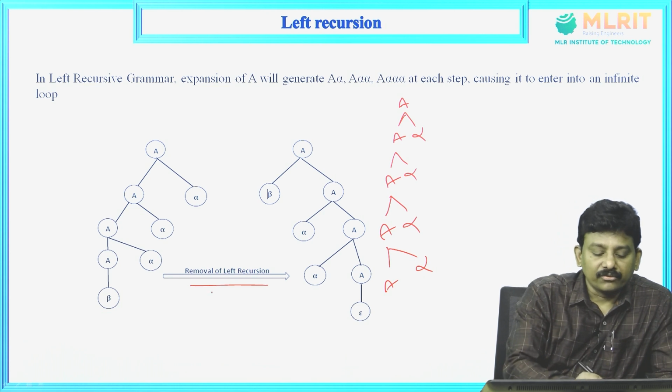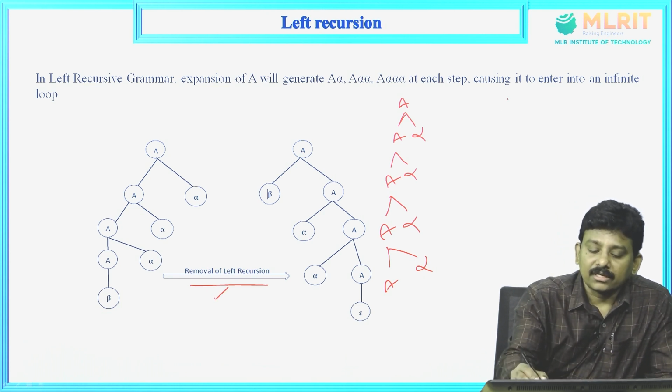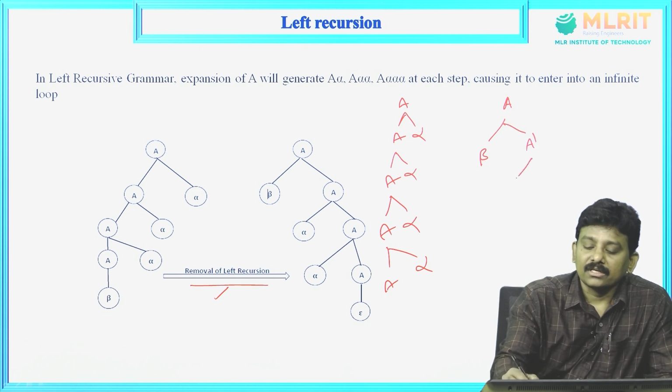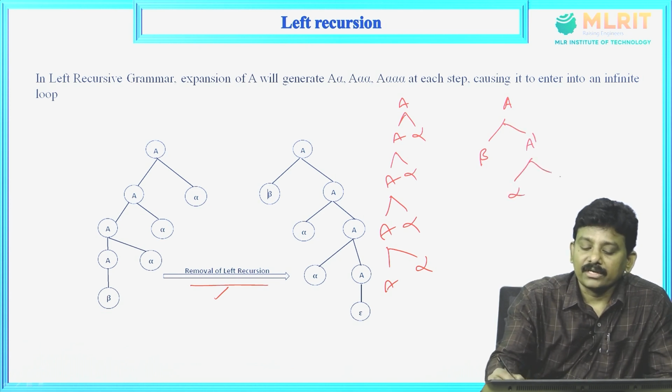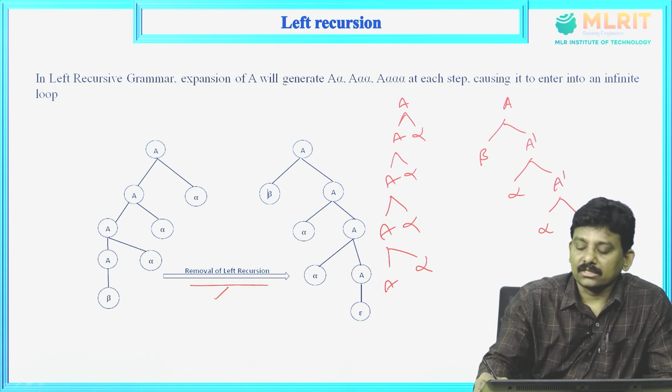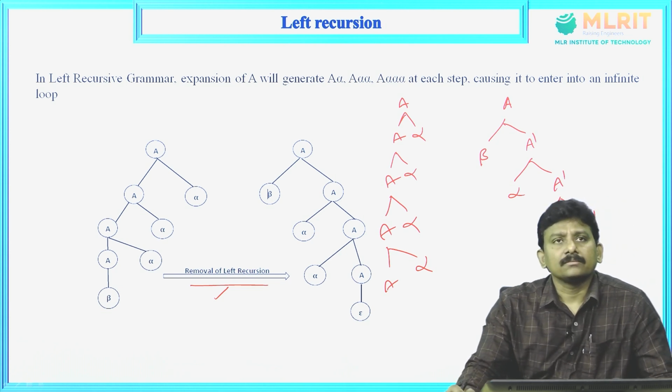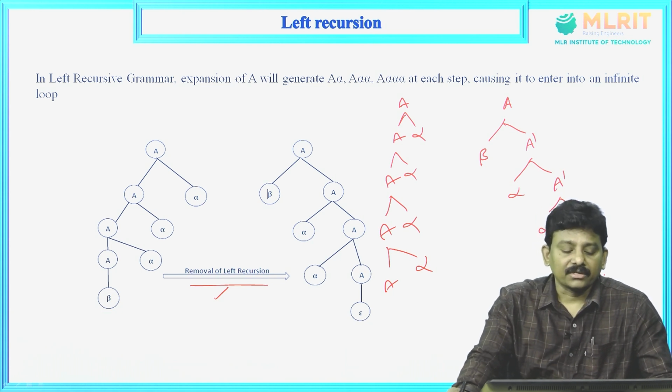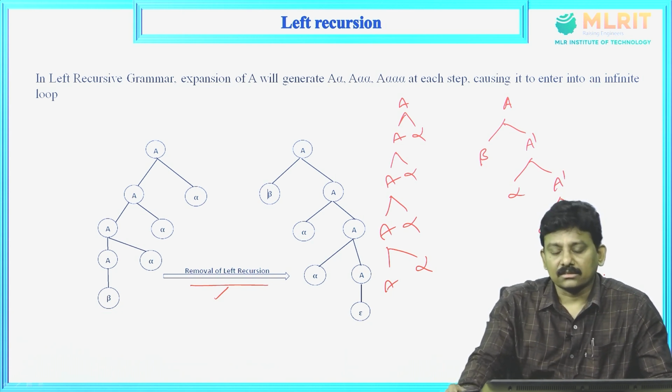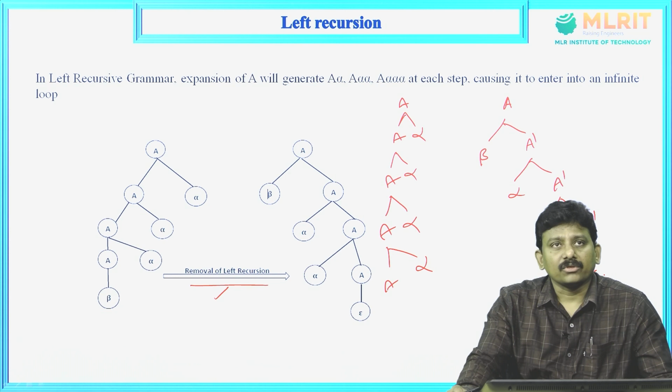If you remove left recursion, we get right recursion: A derives beta A dash, A dash derives alpha A dash, alpha A dash and so on, and A dash derives epsilon. Right recursion can be handled by top-down parsers.